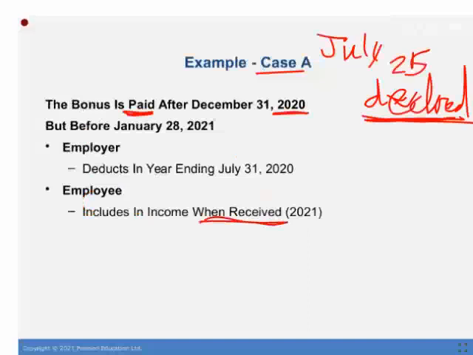So even though he earned it in 2020, it's all about when he receives it. If he receives that payment in 2021, then he'll recognize it in 2021.